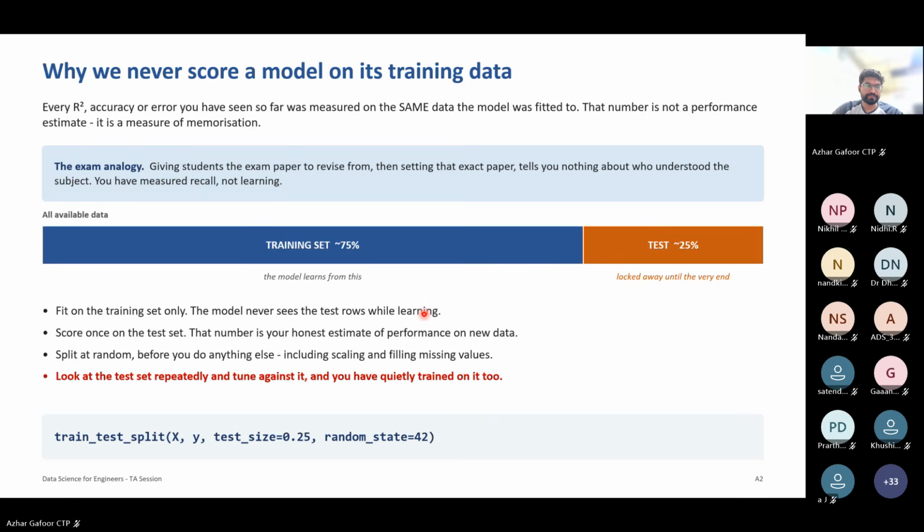Once the model is trained, we do the scoring on the test set, and that metric shows the honest estimate of performance of our model. So we should never look at the test set whenever we develop our model.